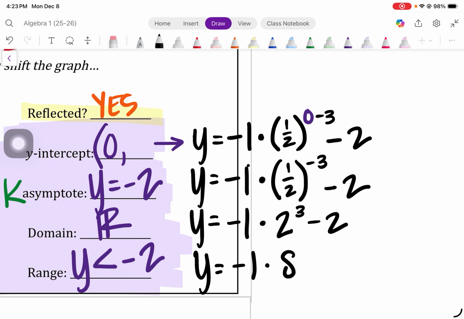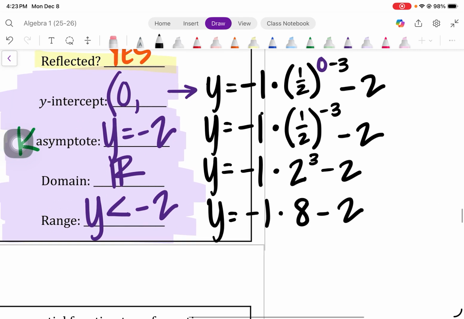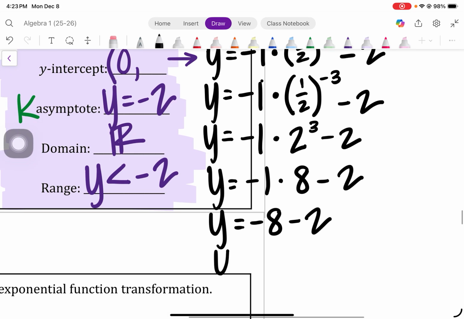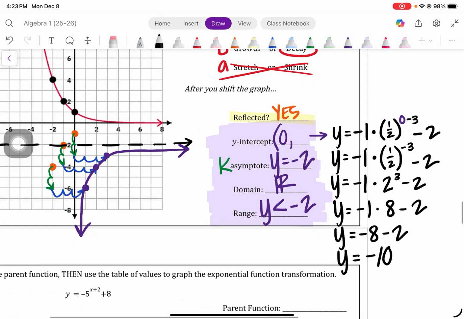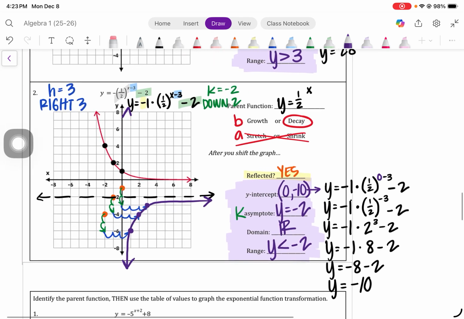I'm just showing you all of my steps so that you know what's going on. 2 to the 3rd is 8. -1 times 8 is -8 minus 2. So my y-intercept moved all the way down to -10, which makes sense as to why we can't see it when we graphed our new graph. Using that equation helps us verify what our y-intercept is.